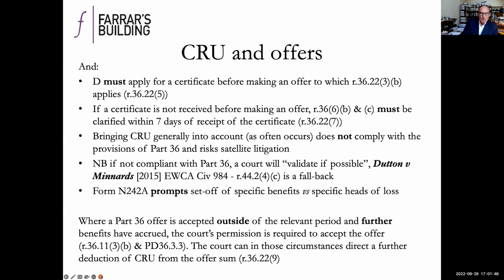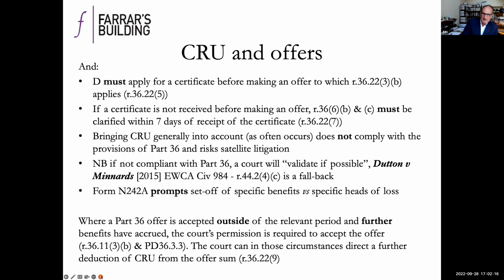But nonetheless, you want to avoid satellite litigation about whether or not there has or hasn't been compliance, and therefore whether or not it is a Part 36 offer, as opposed to it being merely a Rule 44.24C fallback position, i.e. it's an admissible offer that can be taken into account by the court on the question of costs. If you don't want to have that satellite litigation and arguments, it's important that you are compliant with the requirements of the rules.